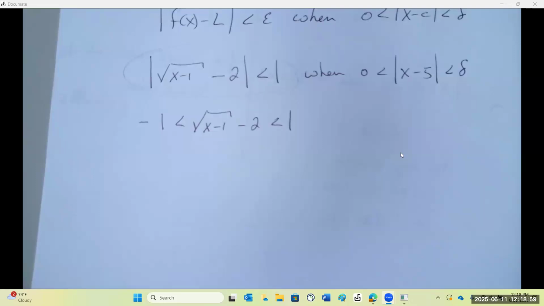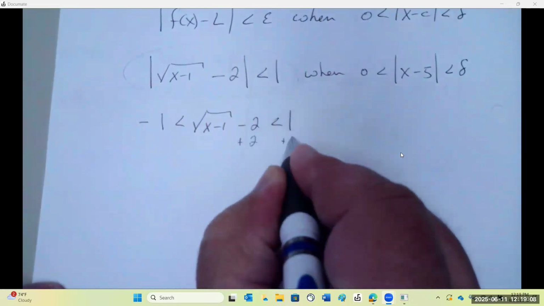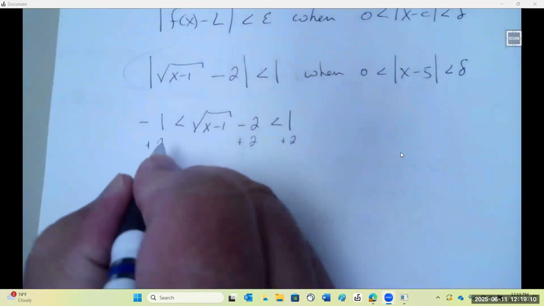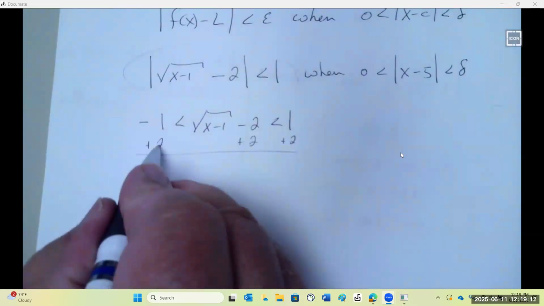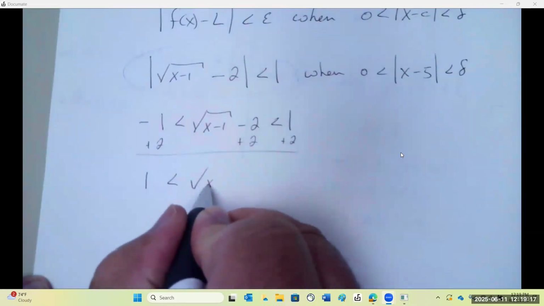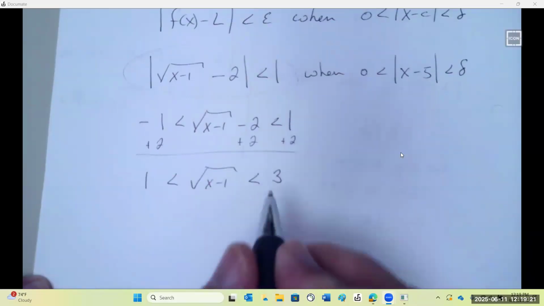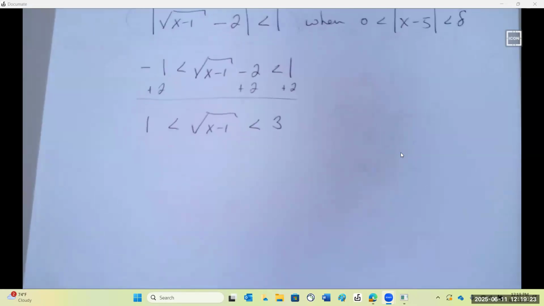Second step. Remember, I told you, calculus is mostly algebra. So we're solving for x. We have to add 2 to both sides, or all 3 sides. So 2 minus 1 is 1, square root of x minus 1, 2 plus 1 is 3. What do we do in the middle?